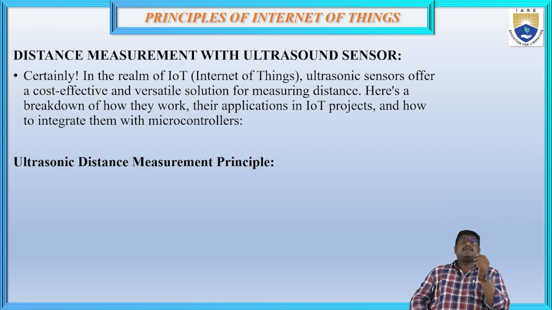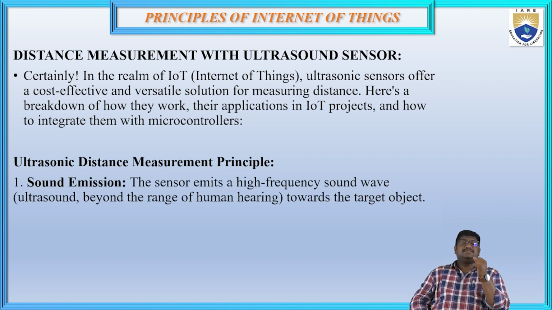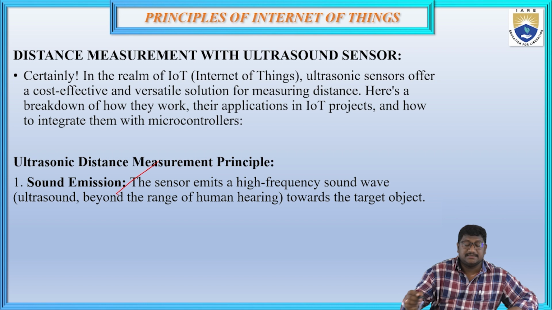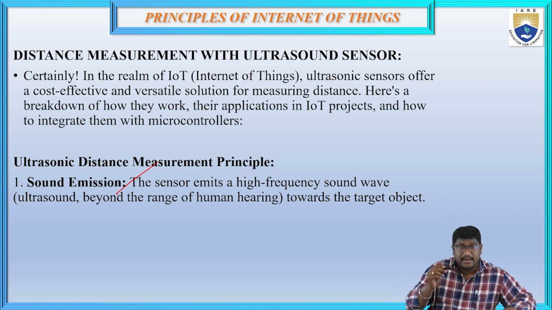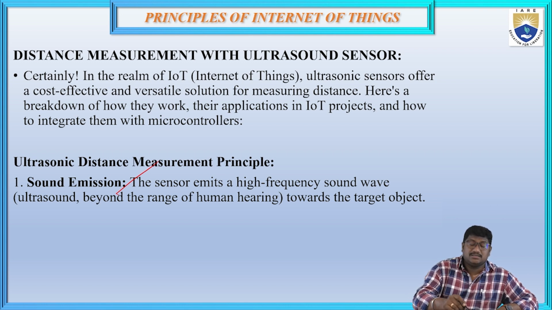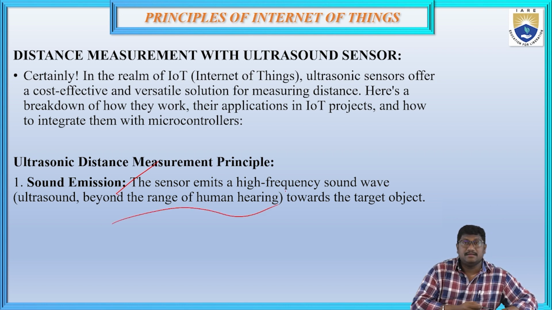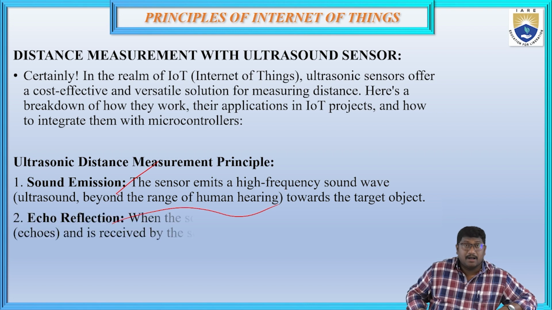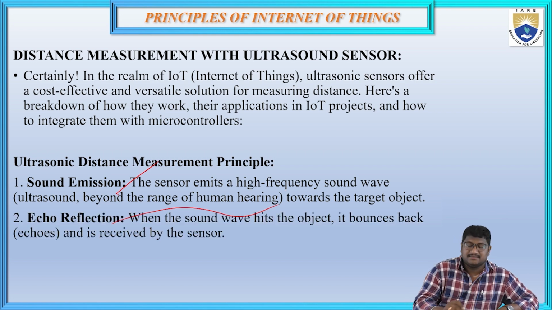First, the ultrasonic distance measurement principle is based on sound emission. The sensor emits a high frequency sound wave, beyond the range of human hearing, towards the targeted object. Next, echo reflection. When a sound wave hits the object, it bounces back, which is an echo.